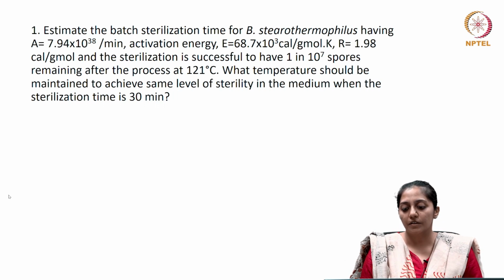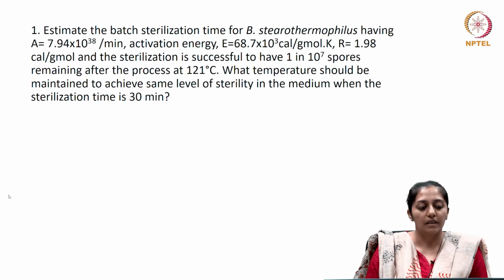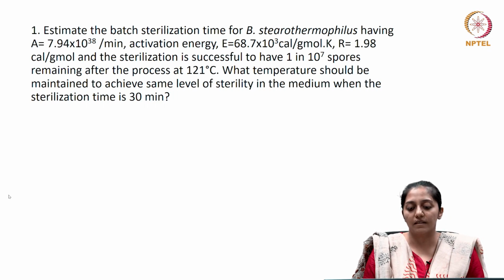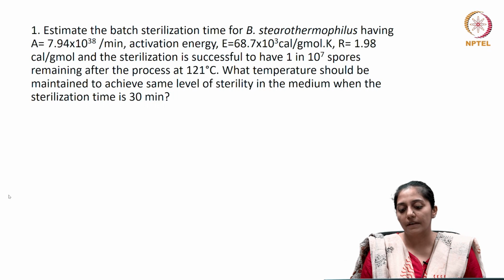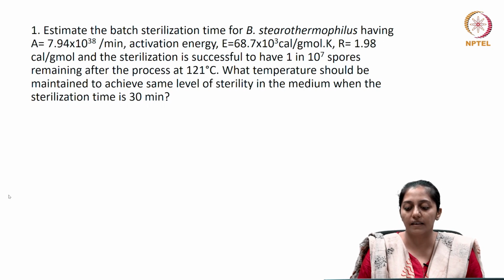The activation energy is also given, and the universal gas constant value is also known. The sterilization is said to be successful if we can have only one remaining in 10 to the power of 7 spores after the process of sterilization done at 121 degrees centigrade.